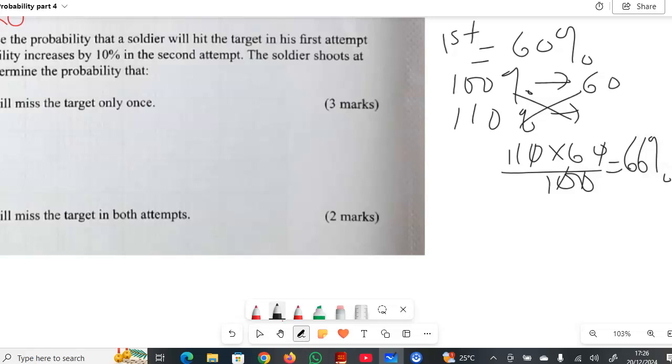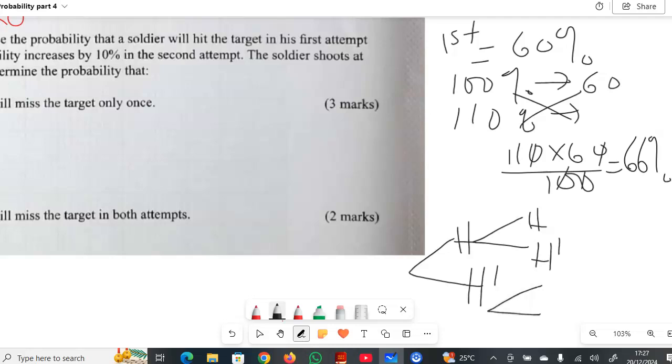So we can draw the tree diagram here to see what is going to happen if the person shoots twice. The first case can hit or miss the target. The second case can hit the target or miss the target. If you miss the first case, you can hit or miss the second case. So you can have a hit in both cases.